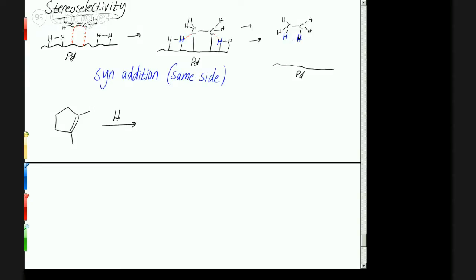So if we hydrogenate this molecule, use platinum this time if you like, we're only going to form one stereoisomer.